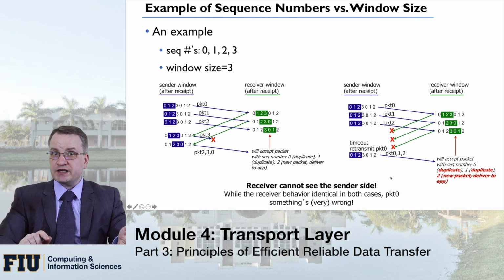However, in the first case on the left side, it actually went quite differently. From the receiver perspective, everything stays the same. It received all the packets and sent acknowledgements for all the packets, but a different thing happened on the sender side. The sender side now didn't lose the acknowledgement, but rather received the acknowledgement for the received packet.